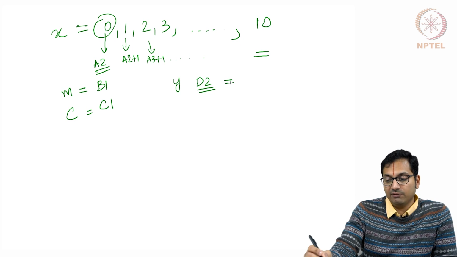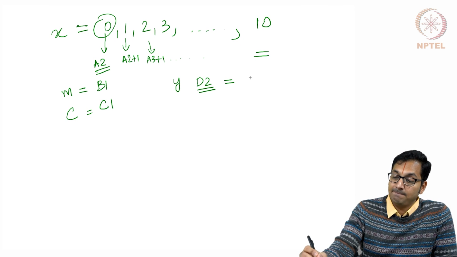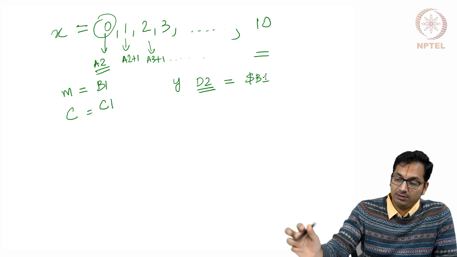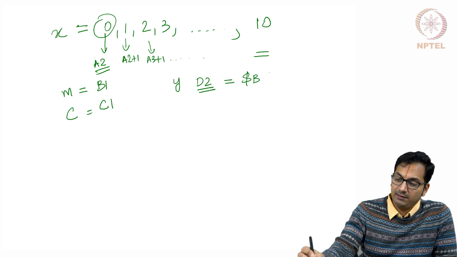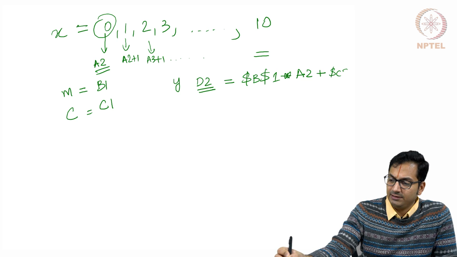So the D2 will be given something like $B$1 star A2 plus $C$1.